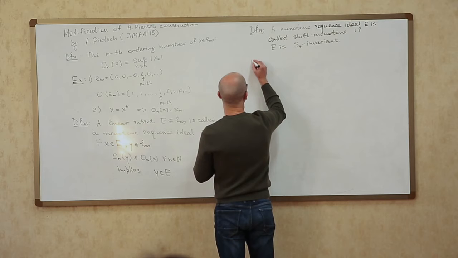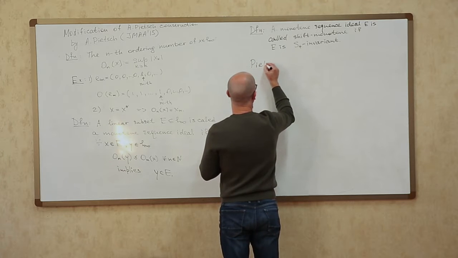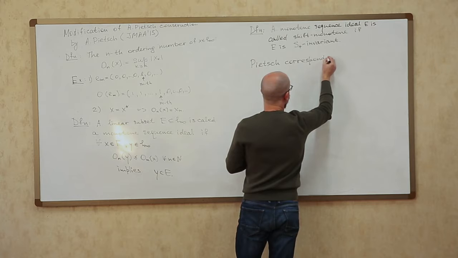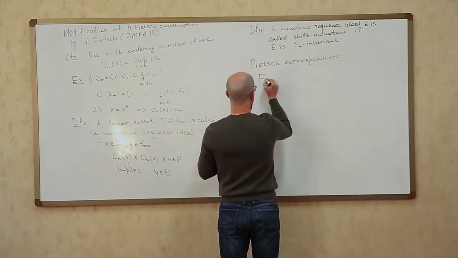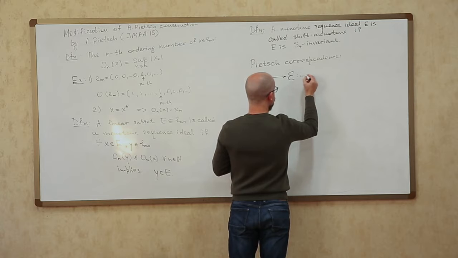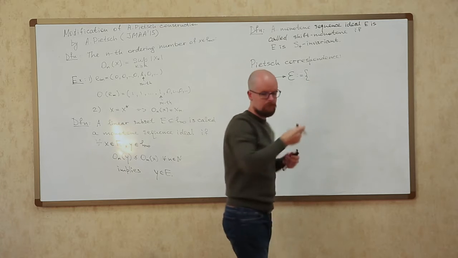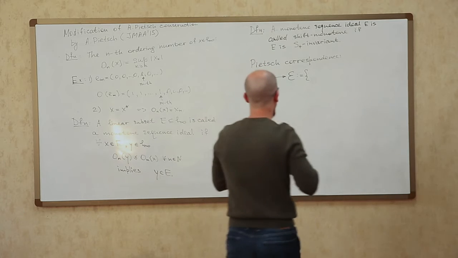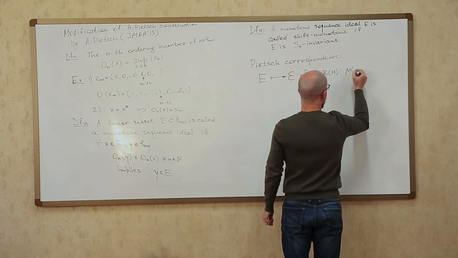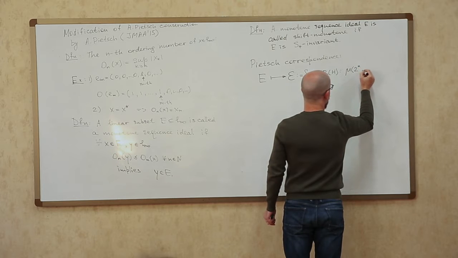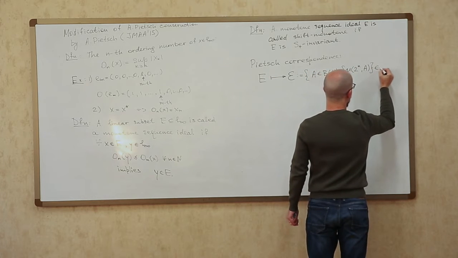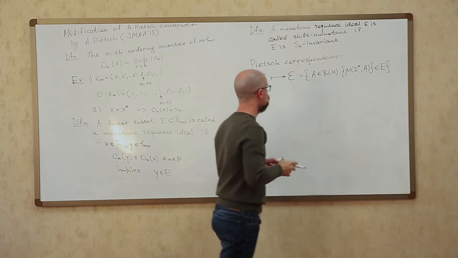And this correspondence is given like this. Given a shift monotone sequence ideal E, we define an ideal of operators P to be the set of all bounded operators A such that the singular values of A taken at the dyadic positions, so this sequence, belongs to E. That's how we define it.